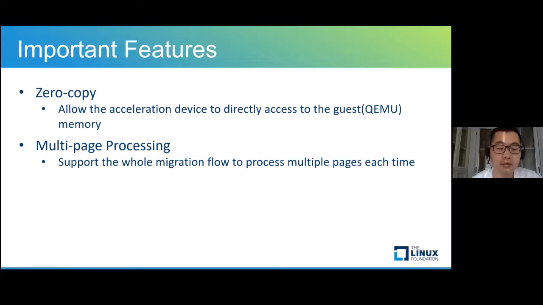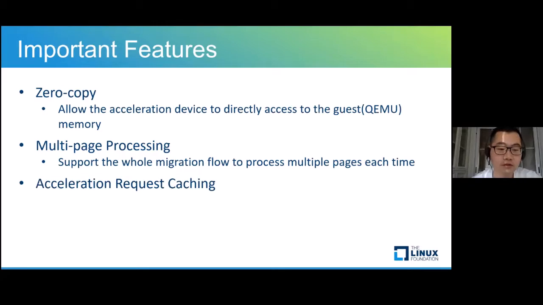The current migration flow only supports single page processing, meaning that it finds only one dirty page, compresses this page, and then sends it to the network. With this feature, the migration flow is able to process multiple pages each time.